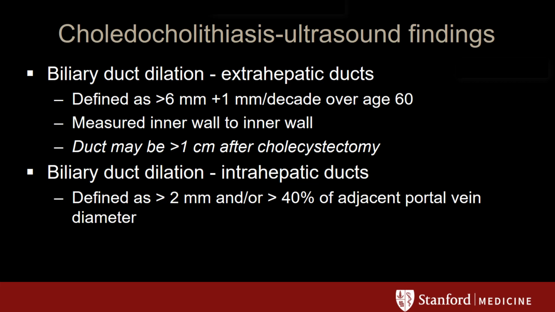And the intrahepatic ducts are defined as greater than 2 millimeters or 40% of the adjacent portal vein diameter. That being said, I never measure the intrahepatic ducts on any modality. It's kind of like, you know it when you see it, but that is the technical definition.